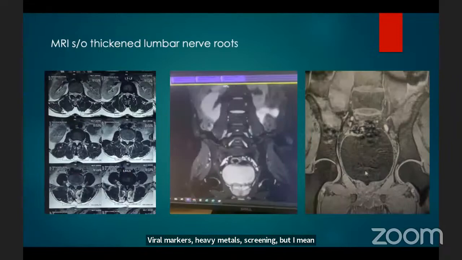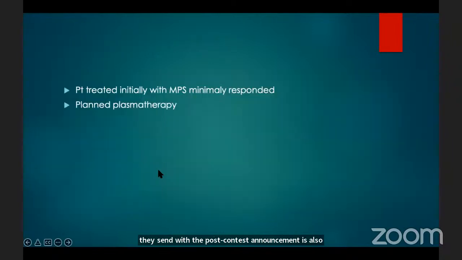This is the MRI of the patient showing thickened nerve roots, and post-contrast enhancement is also seen. Initially the patient was treated with MPS with minimal response, and this patient is under our care and we are planning plasma therapy.